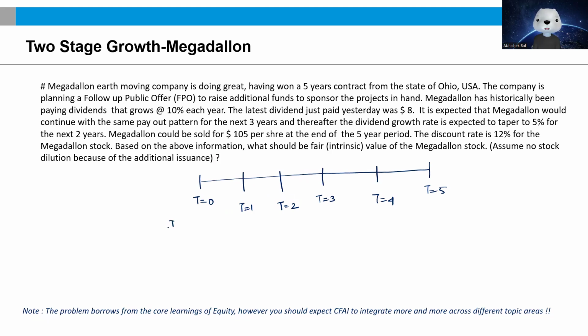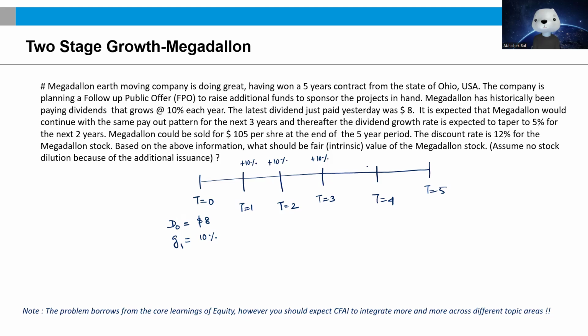The last dividend that was paid, let's term that D0, and D0 was $8, and the growth rate of the dividend happens to be 10%. Now there is a little bit of a twist in here: it is likely to grow at the rate of 10% each year. So we have a couple of growth rates. The first growth rate happens to be 10% out here, 10% out here, and 10% out here.